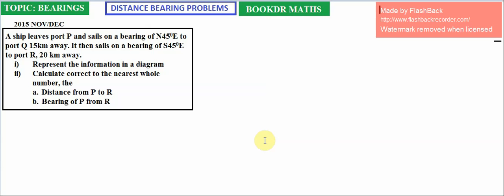You have to represent the information in a diagram, then calculate correctly to the nearest whole number the distance from P to R, and the bearing of P from R. This is compass bearing. It came last 2 years in OBDEC. I want you to pause the video, do the sketch, and compare your solution to what we shall be doing.